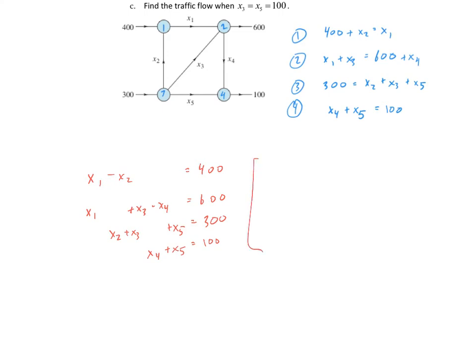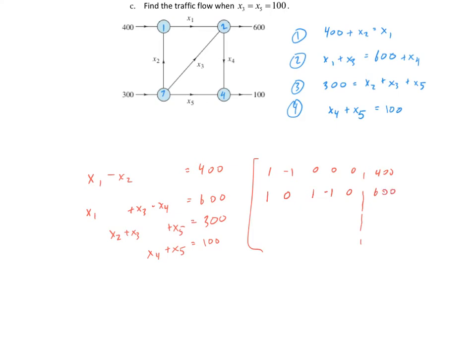Now that's going to have 6 columns, so I need to make sure that on the left every row has 5 entries before the equal sign. So the top row, I have a 1 and a -1, and then 1, 2, 3 zeros, and then my 400. And then for the second row, there's a 1, there's no x2s, there's an x3, there's a minus x4, there's no x5s, and that one's got 600.